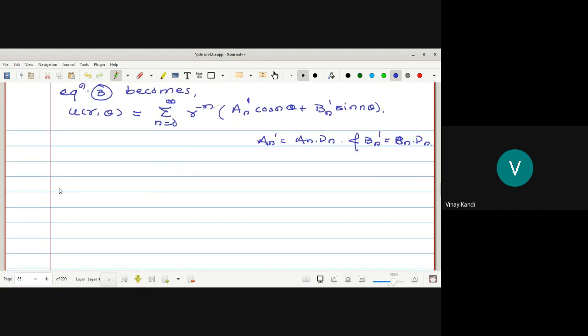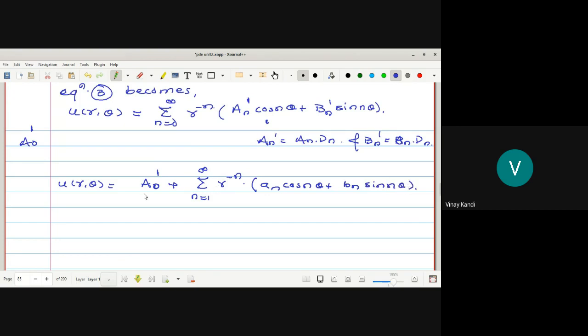What do we get? u of r theta, for n equal to 0, r raised to 0 is 1, cos 0 is 1, and sin 0 is 0. So only a naught dash remains, a single coefficient. Plus the summation now running from 1 to infinity of r raised to minus n into a n cos n theta plus b n sin n theta, where I have named them with small a n and small b n.